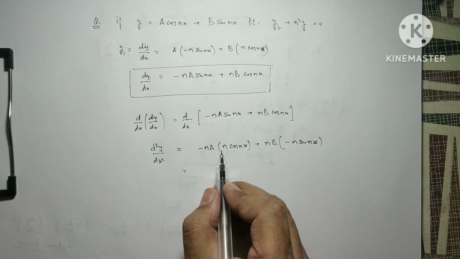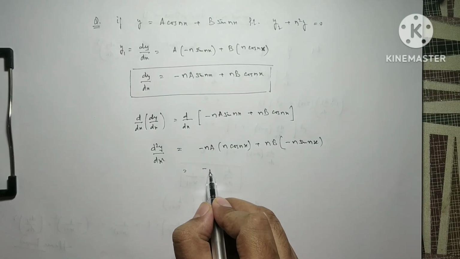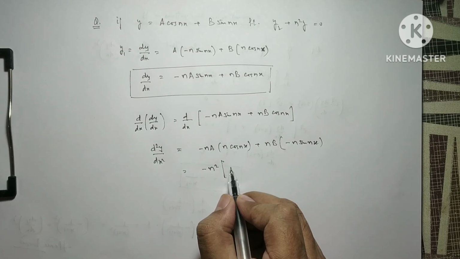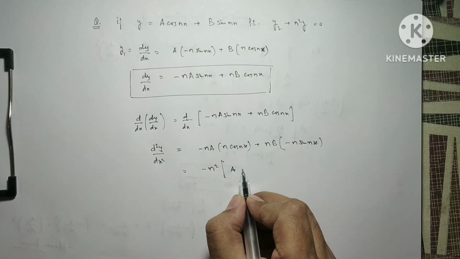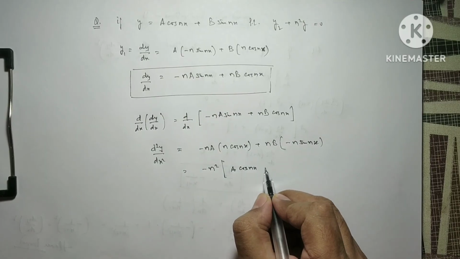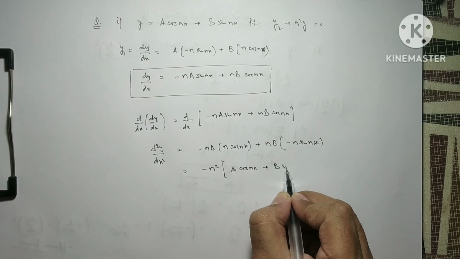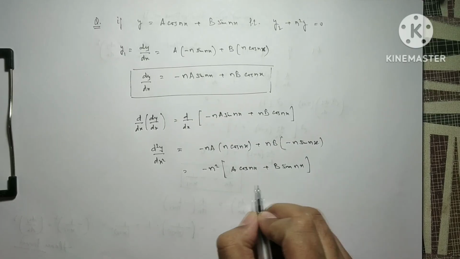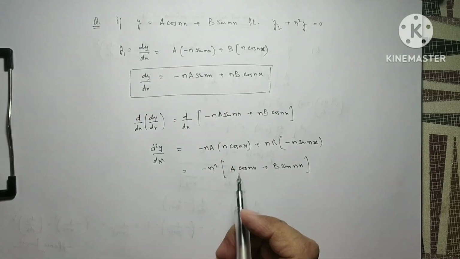So this n and this n make n square, so minus n square is in common, and in the bracket you have a cos nx plus b sin nx, and this is y according to the given question.